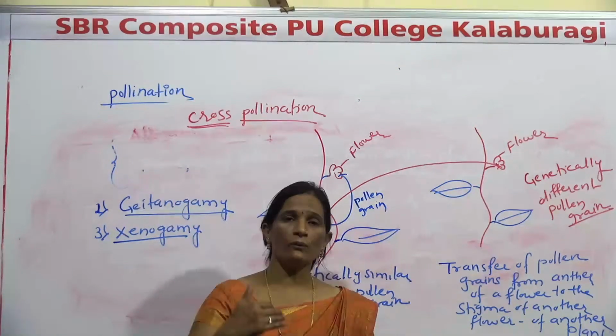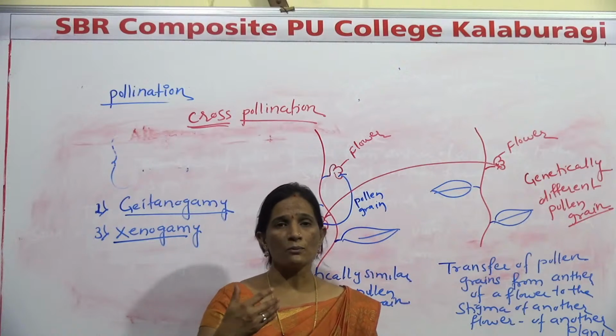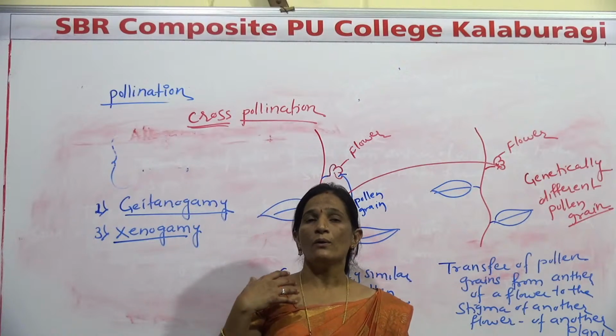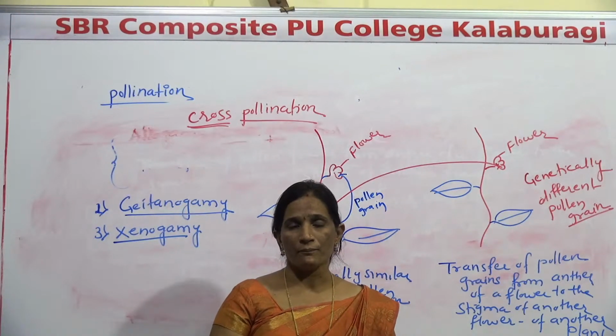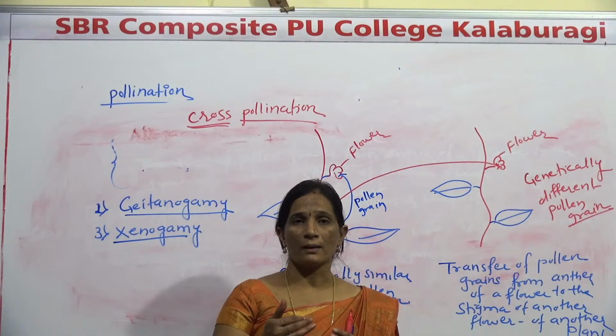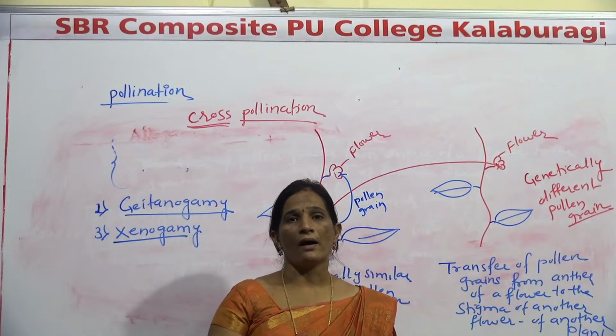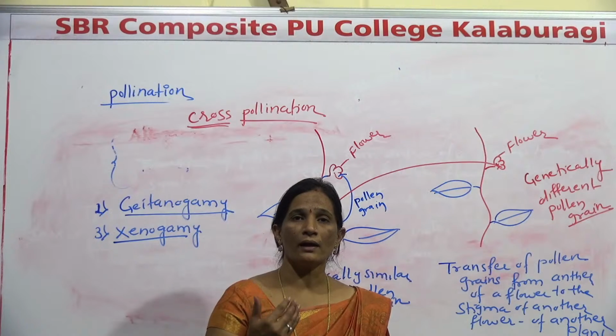Then you are also studying chasmogamy and cleistogamy. Chasmogamy means flowers are open. Open flowers are called chasmogamous. In cleistogamy, flowers are closed, bisexual, and underground. Cleistogamous flowers are invariably autogamous.